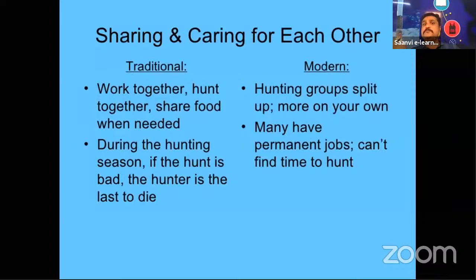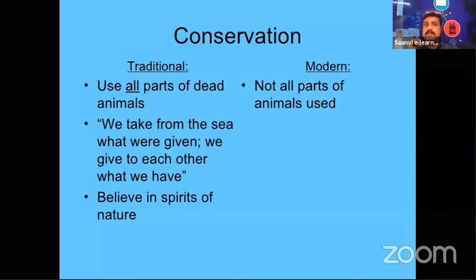Now hunting groups split up, more on your own. Many have permanent jobs, can't find time to hunt. Nowadays, situation changed, modern time. Hunting groups split up, more on your own. Selfishness increases there. And you can see conservation. So traditional way, use all parts of dead animals. We take from the sea what we're given, we give to each other what we have.